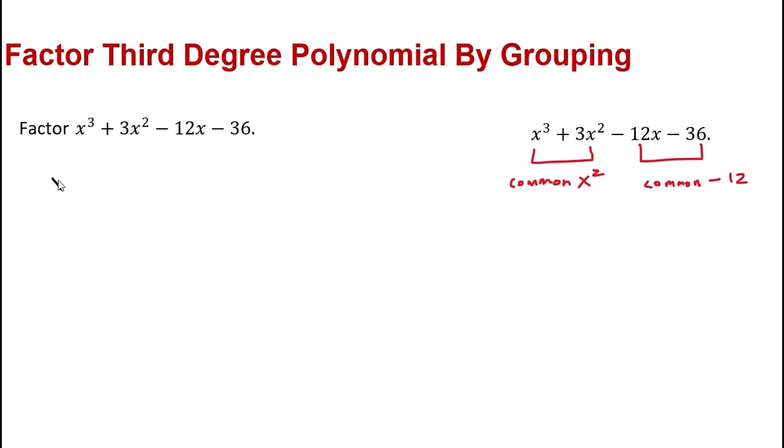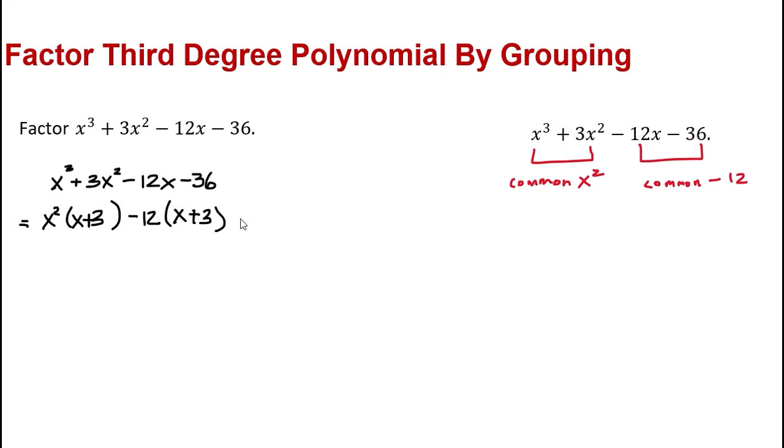So what I would do is start with my original expression. I've got to use an equal sign because what I'm going to do will be equal to my original expression. And out of the first 2 terms, I will factor out the common factor, which is x squared, and that will give me x plus 3. And in the next 2, the common factor is negative 12, so negative 12 times x is negative 12x, and negative 12 times 3 is negative 36.